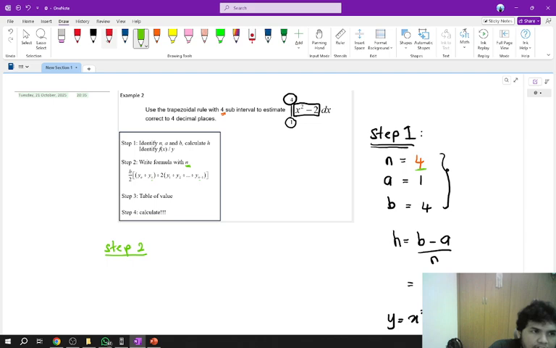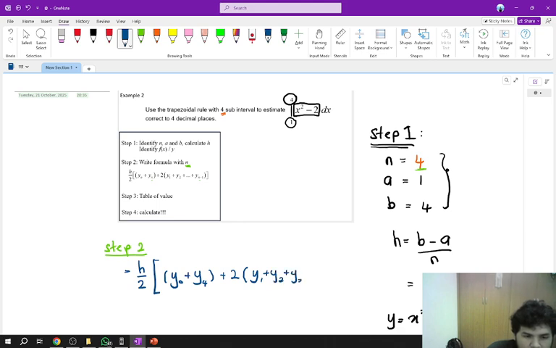So we have the more specific formula for this rule: h over 2 times the big bracket y0 plus y4, for n, plus 2 times the total of y1 plus y2 plus y3. We stop at y3 because n is 4 minus 1, which gives 3, and 3 is our last term for this equation. So we have done step 2.